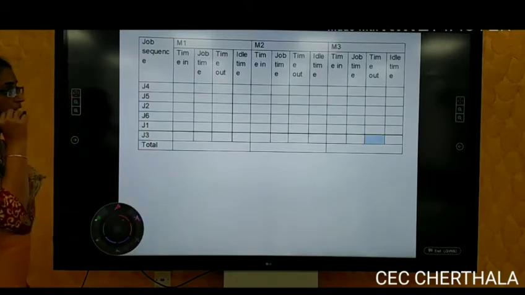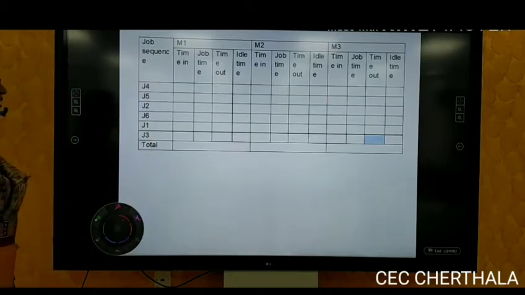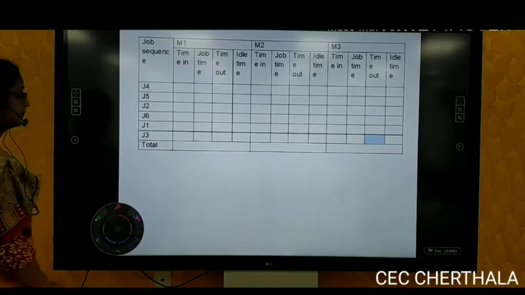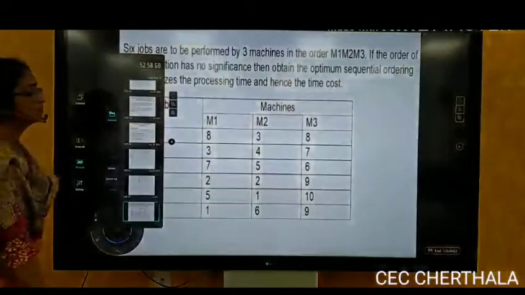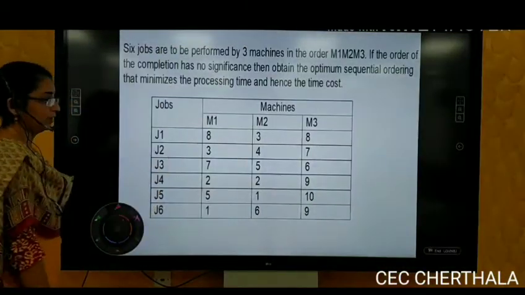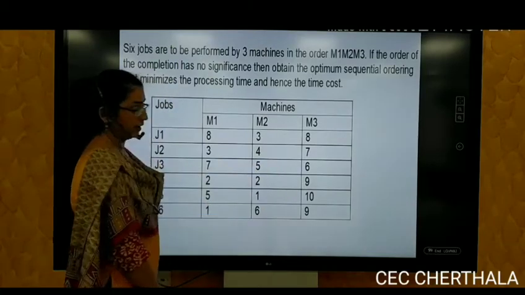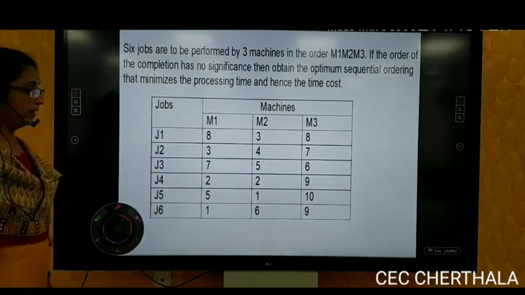For that we need the time taken for each job at each machine also. So this is the question table. Using these values given in the question, we can fill the table.